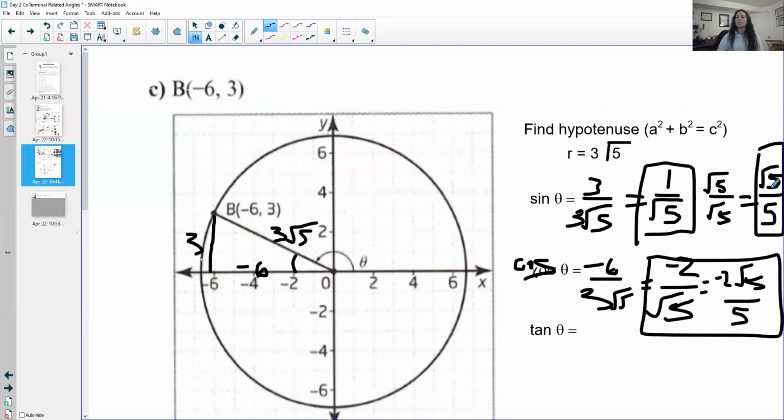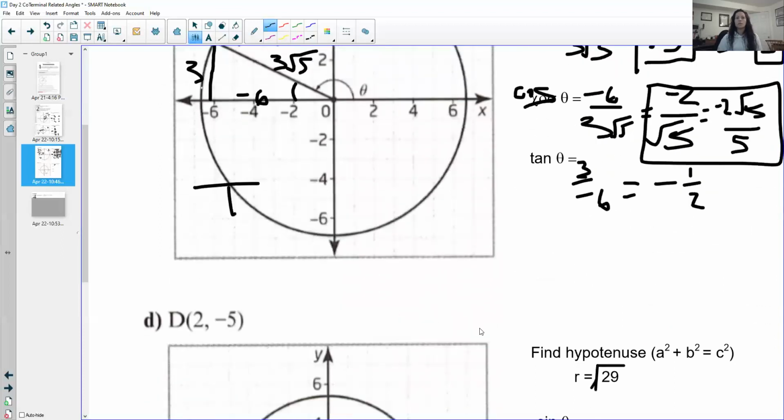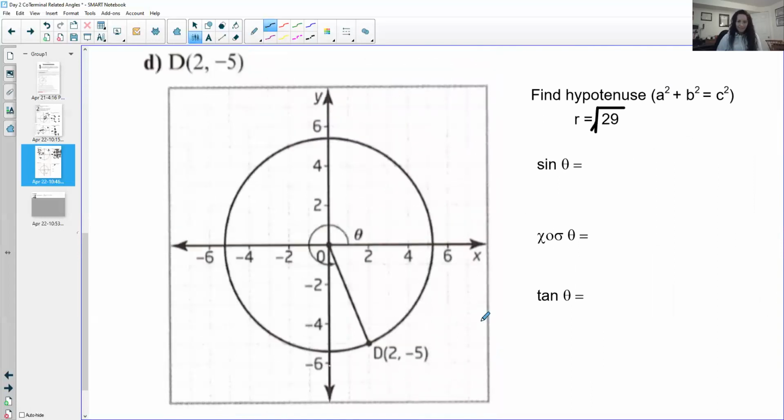Again, notice please that our sine is positive, our cos is negative, and now we're going to look at our tangent. Tangent is opposite over adjacent, 3 over -6, which is just -1 over 2. So again, we found 3 ratios, and out of all of them, sine is the positive one up here. So right now, all of them are positive. Sine is positive, tan is positive.